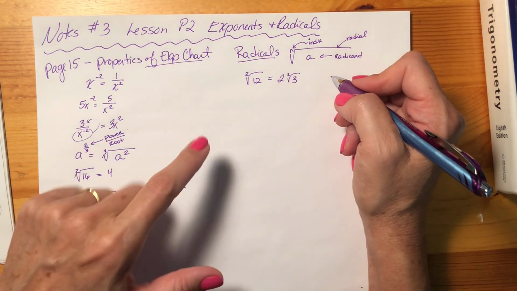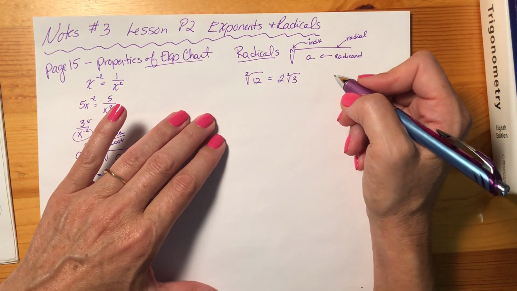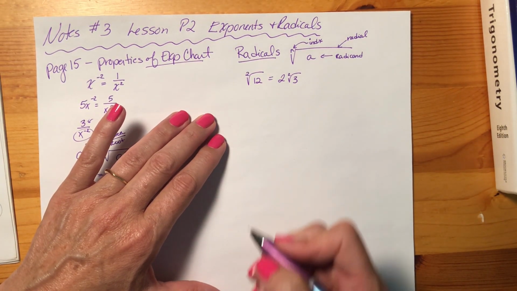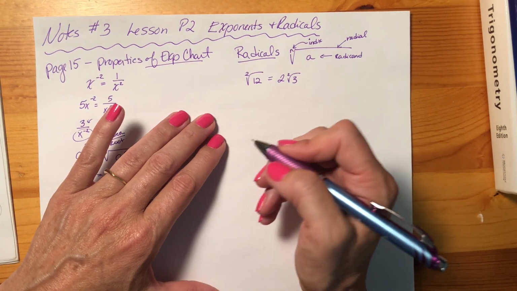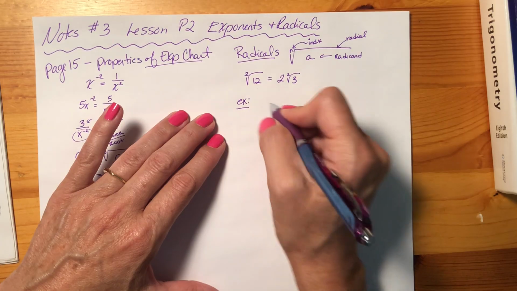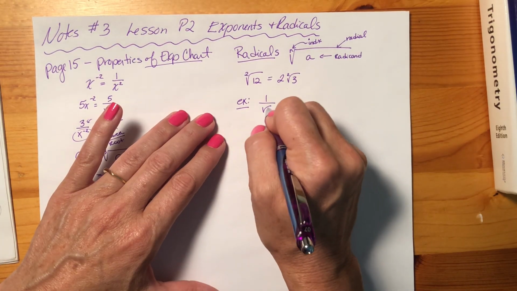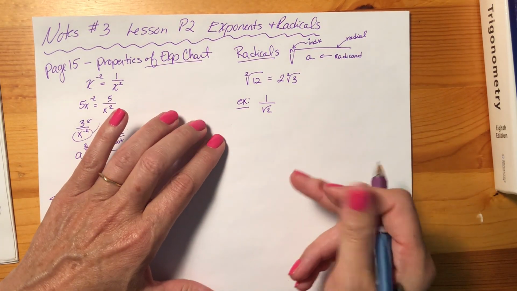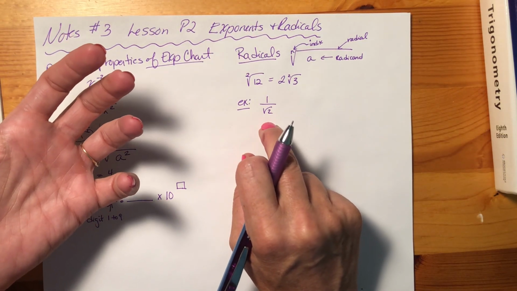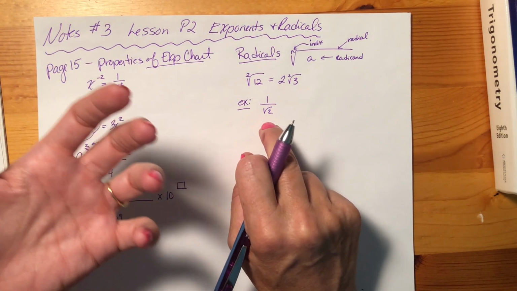What I do want to refresh your memories about square roots is that we cannot leave a radical in the denominator. That is not rational. The denominator must be rational. So for example, and this is going to call back to your geometry days, 1 over root 2, right? You cannot leave that. The reason is, if you think about the definition of a fraction, and your elementary school teacher probably explained it with a pizza.